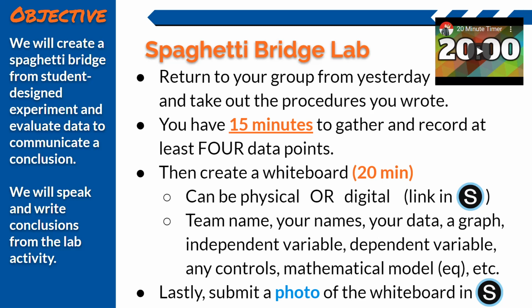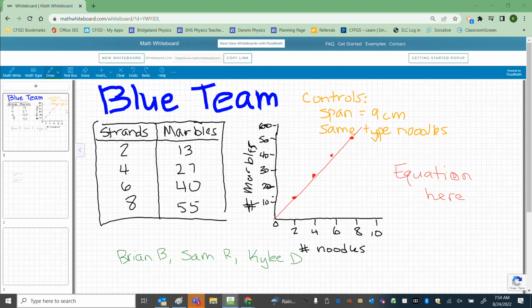All right, so let's go ahead and get our supplies so you can get started and get your data collected. Example up there, and then it got deleted. You guys have edit access to this, so please don't delete it.